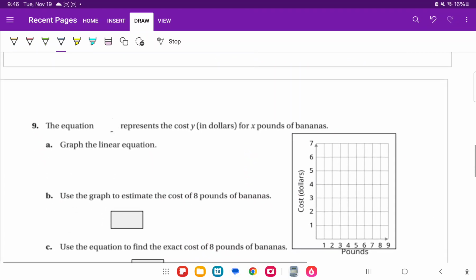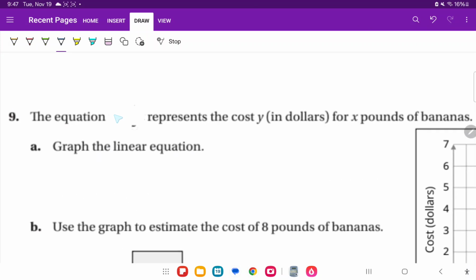So let's look at number 9. Now, for some reason, this didn't print, but the equation there is supposed to be y equals 0.5x.